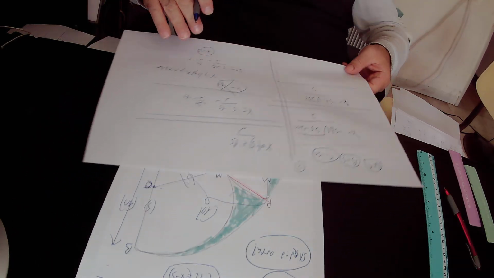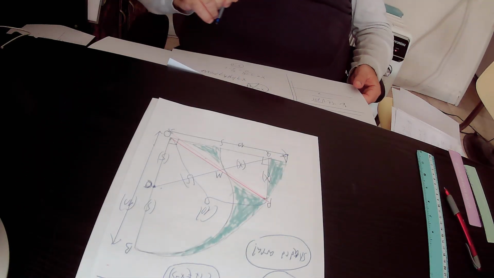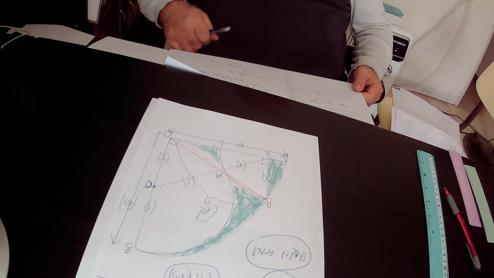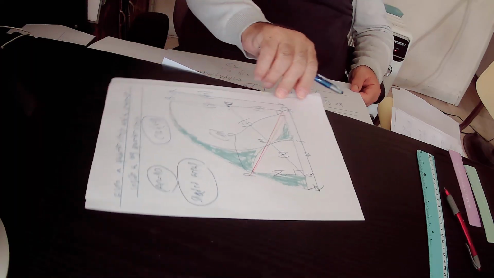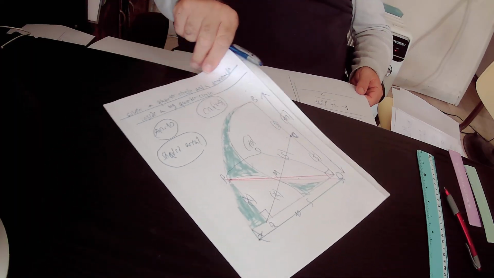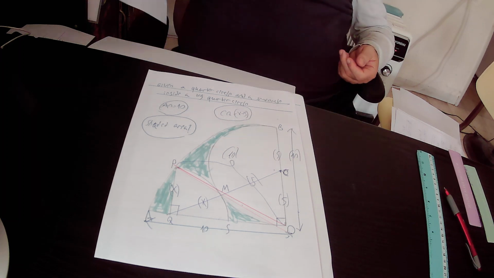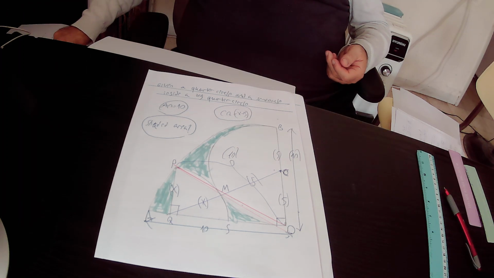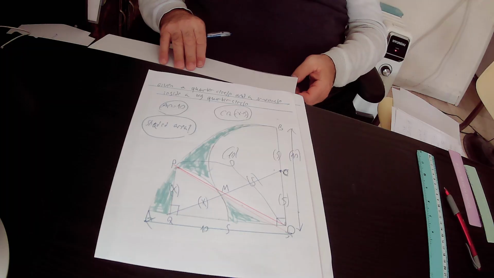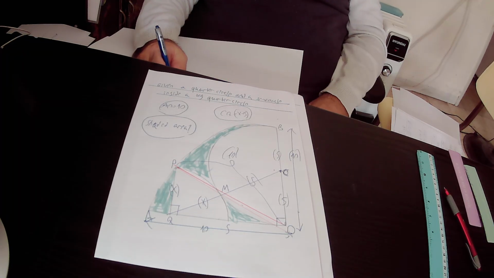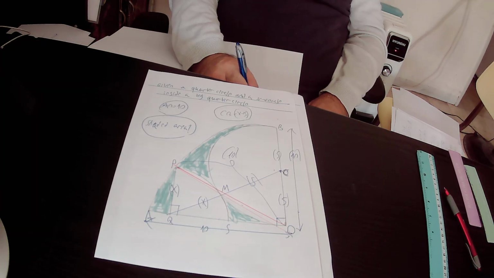Again, x is the radius of this small quarter circle, and it equals 5. Our task is to find the area of this shaded region. So what is the area of the shaded region?